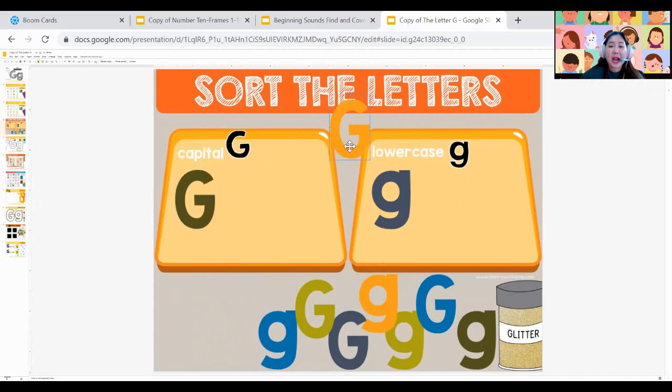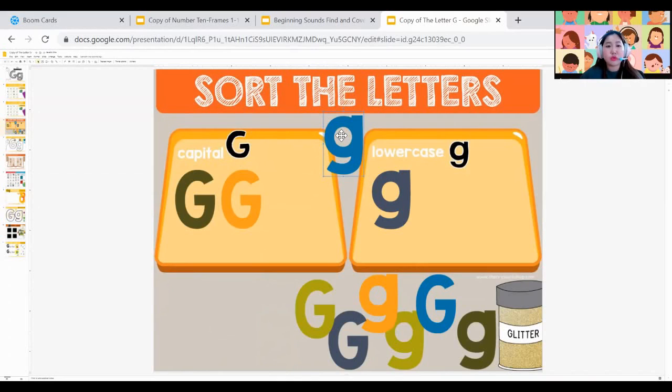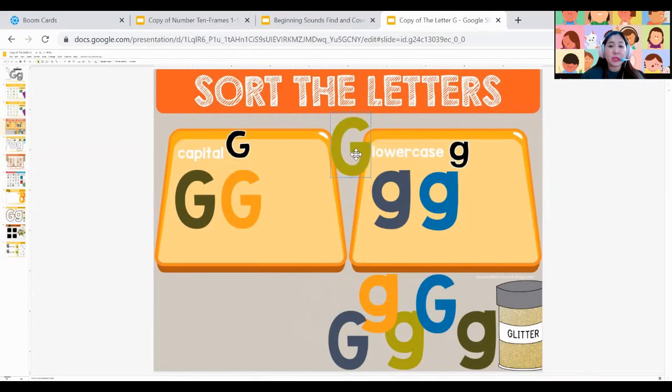This one, capital or lowercase? Capital again. It should be here. How about this one? Capital or lowercase? Capital? Are you sure? No, it's lowercase letter G. How about this one? Capital letter G again. This one?